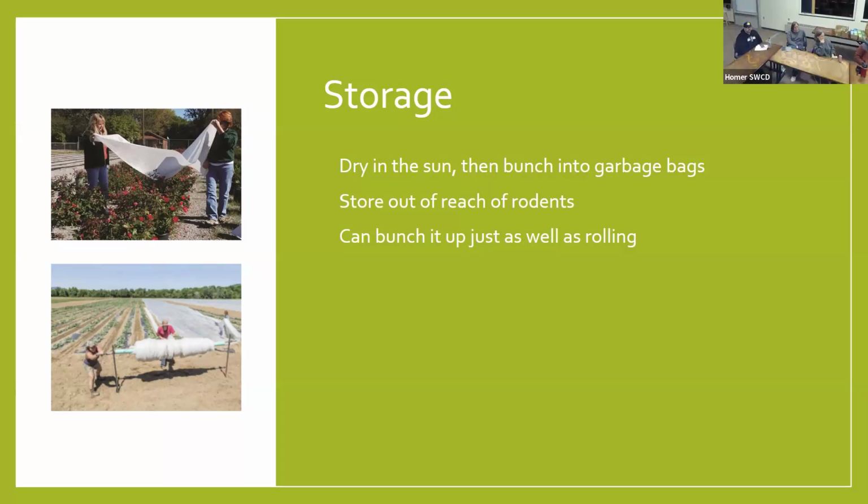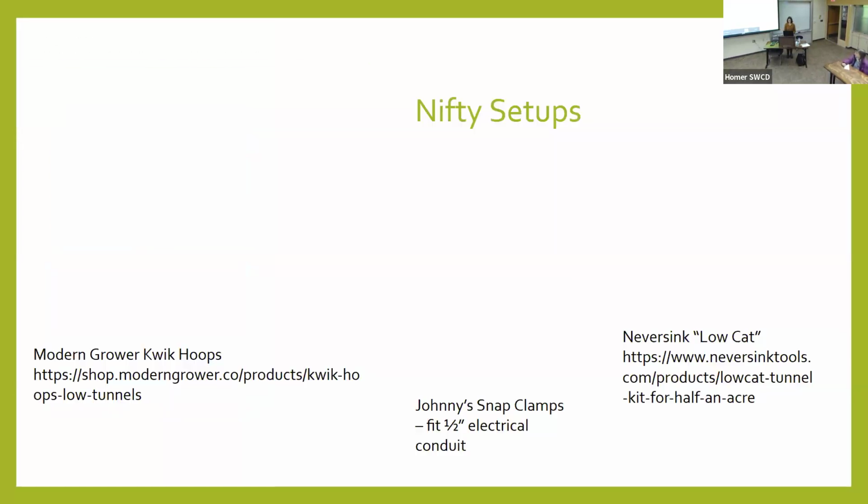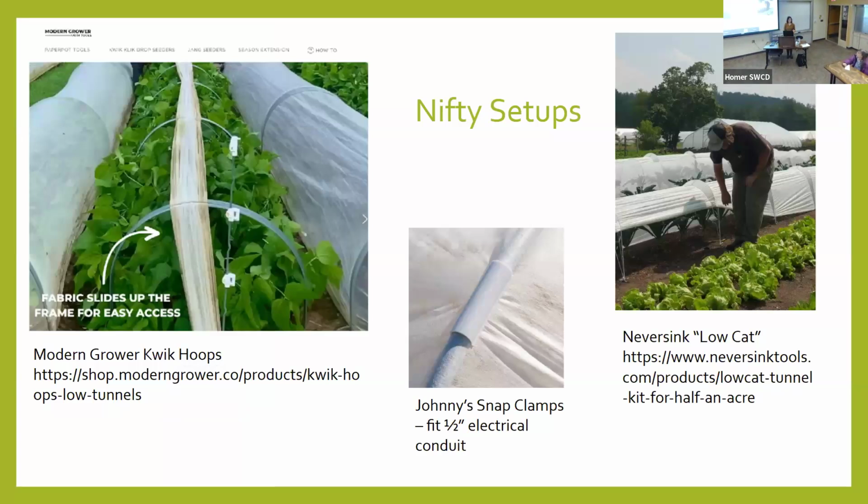But the main thing is just storing it out of reach of rodents, because they will get in there and make nests and chew it all up, and you open it up in the spring and you're like, oh. So that's the big thing. It doesn't have to be super clean. I've abused it quite a bit, still stored it and reused it the next year.